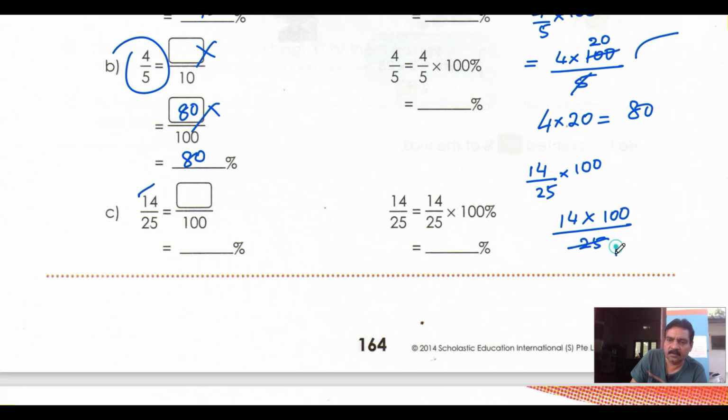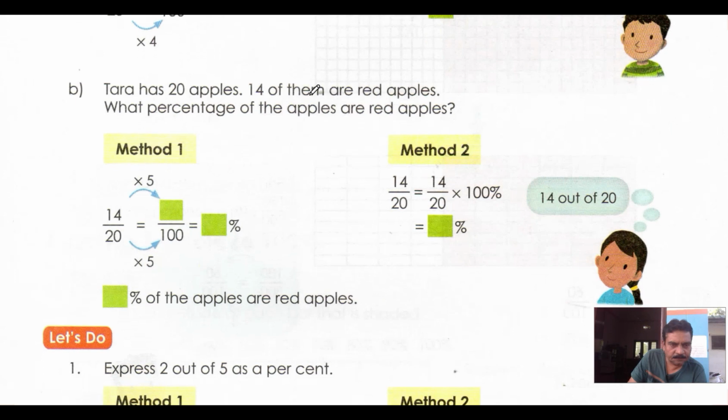We know it, 25 4s are 100. Now 14 into 4 is equal to 56. So this is your 56%, right? Now let's go to the next one.